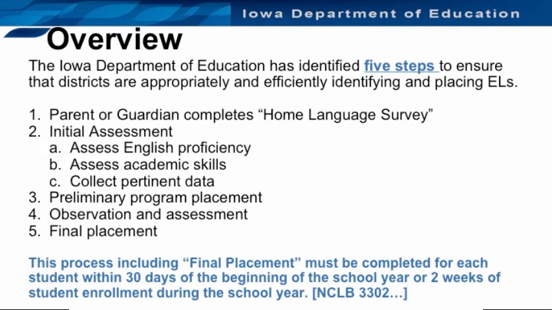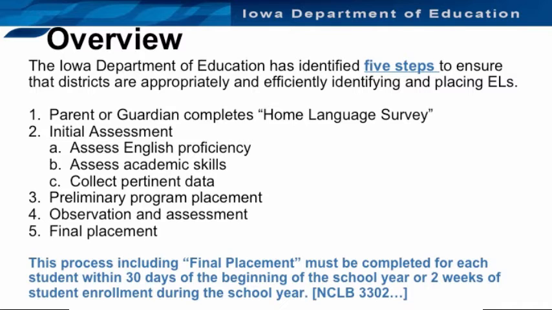The Iowa Department of Education has identified 5 steps to ensure that districts are appropriately and efficiently identifying and placing English learners. Step 1. Parent or guardian completes home language survey. Step 2. The initial assessment, which includes A. Assessing English proficiency, B. Assessing academic skills, and C. Collecting other pertinent data.